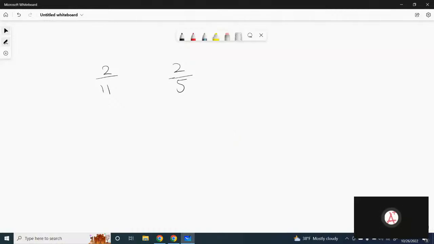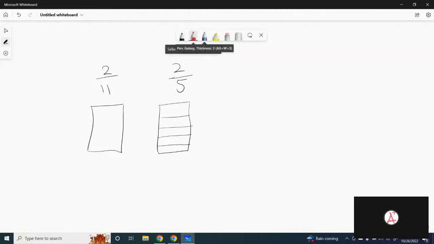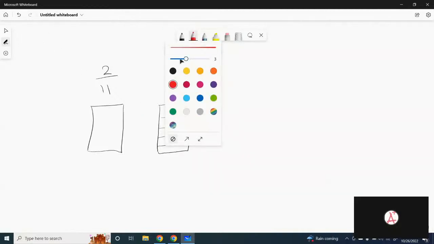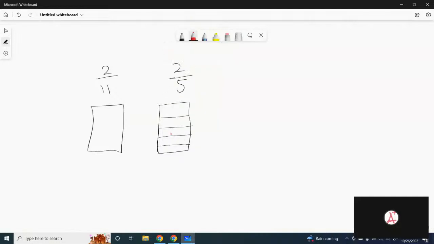Okay, so 1, 2, 3, 4, 5. Okay, out of the 5, 3 of them are colored. Okay, so these 3 are colored.